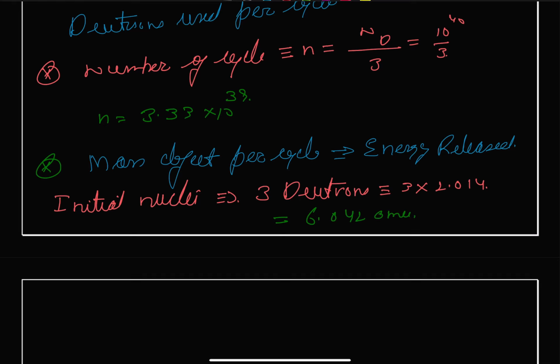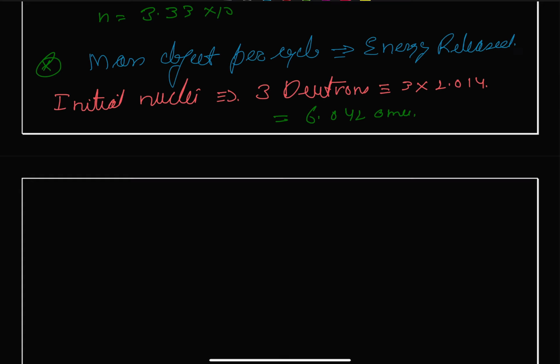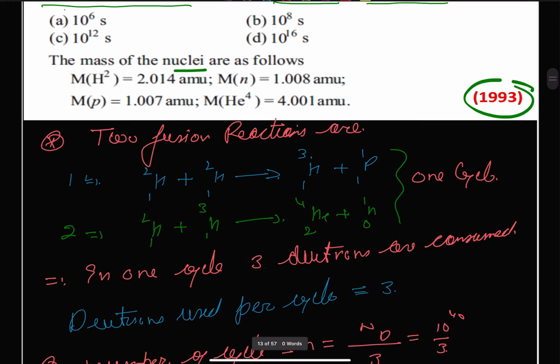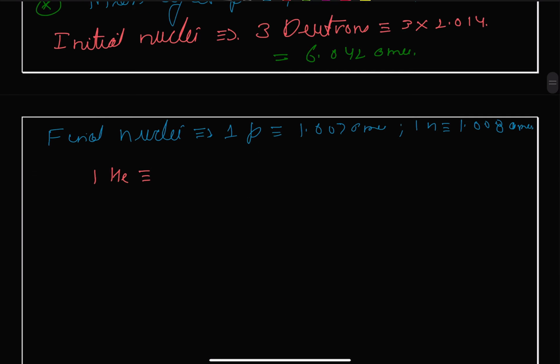And our final nuclei: we have one proton whose mass is 1.007 AMU, one neutron whose mass is 1.008 AMU, and one helium whose mass is 4.001 AMU.